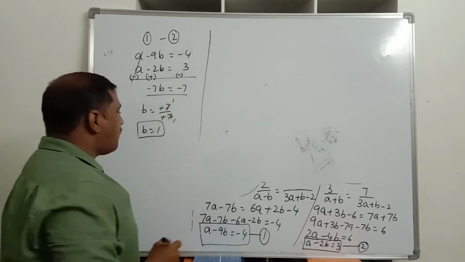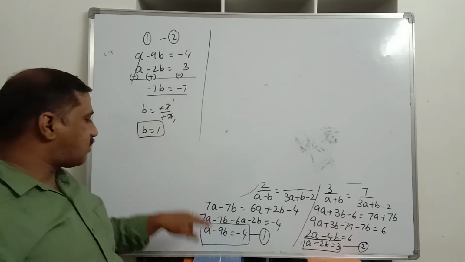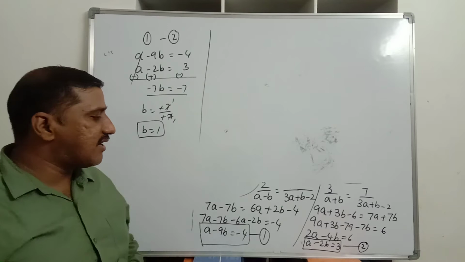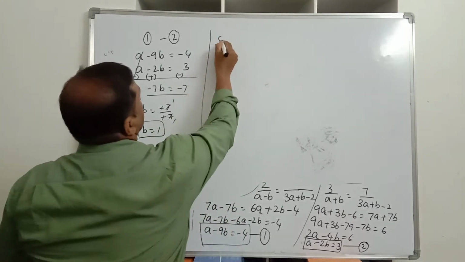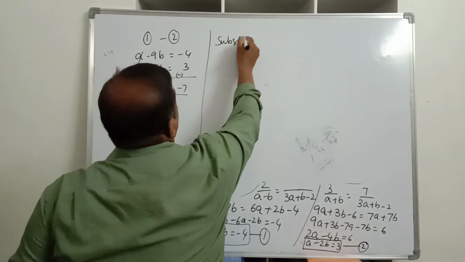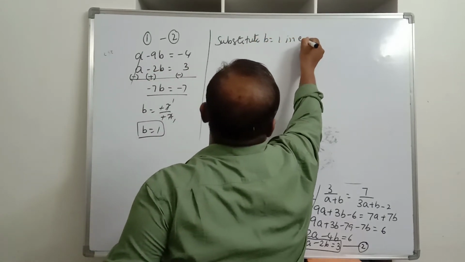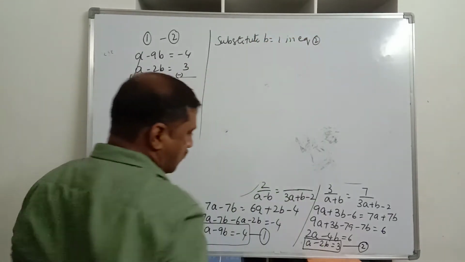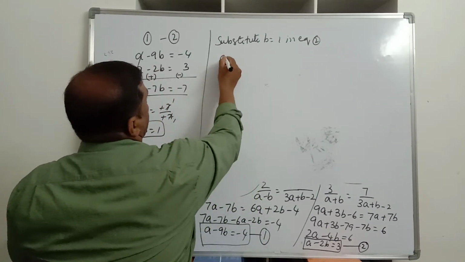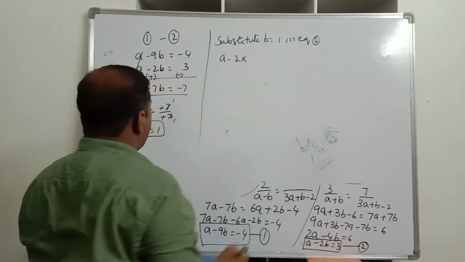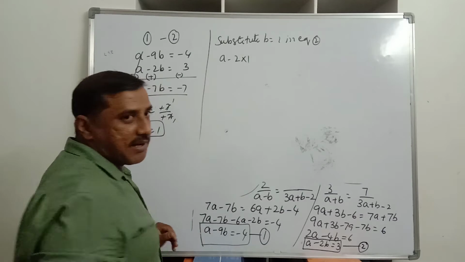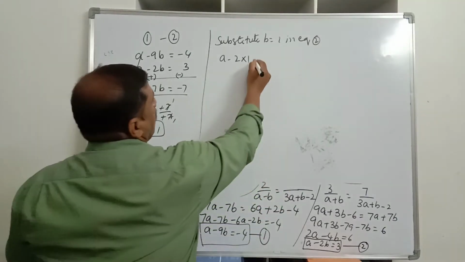Similarly, to find a, substitute b is equal to 1 in equation 1 or equation 2. Substitute b is equal to 1 in equation 2. So what is equation 2? It is a minus 2b is equal to 3.